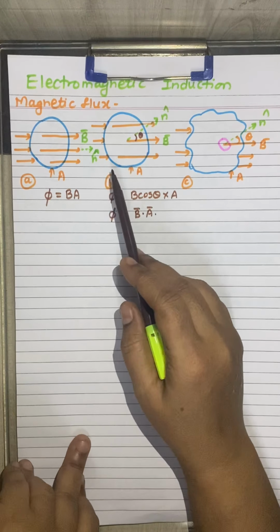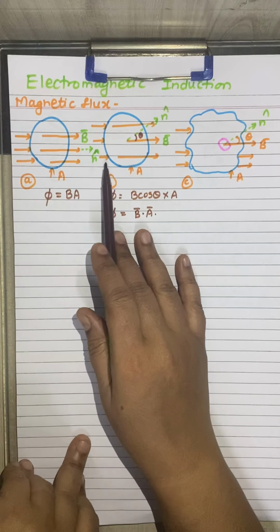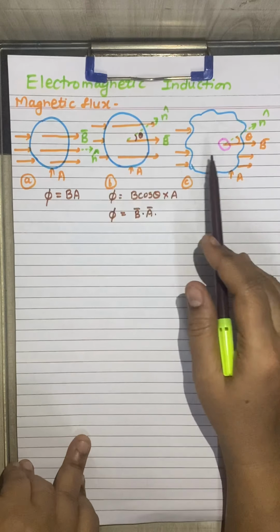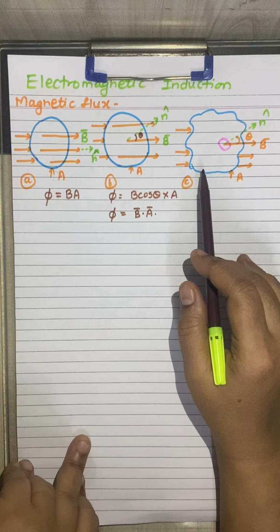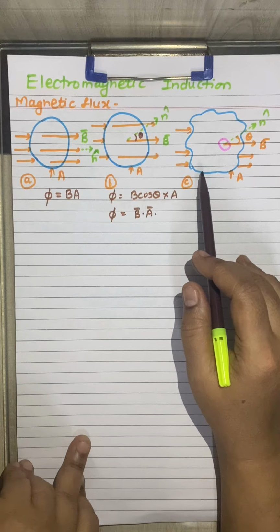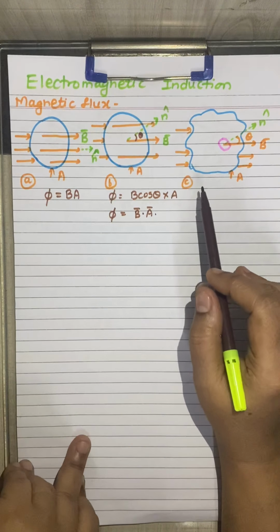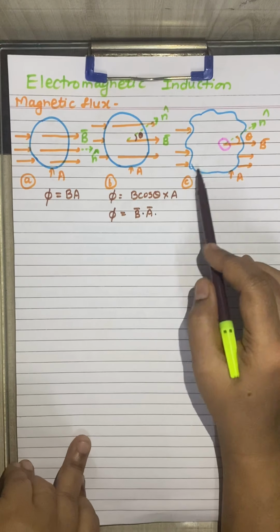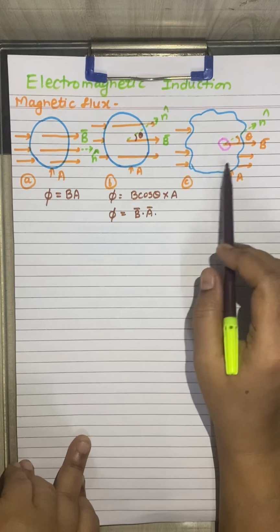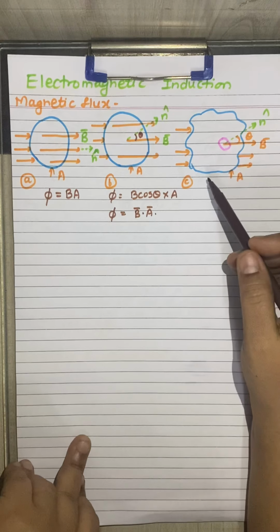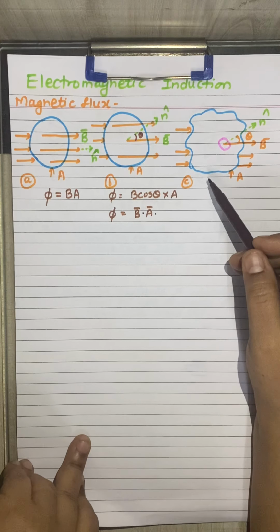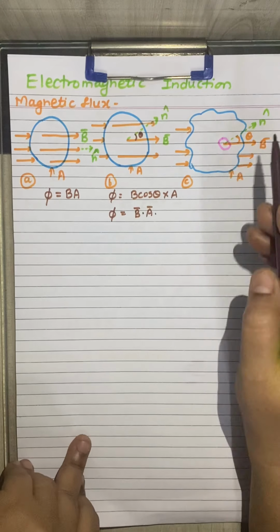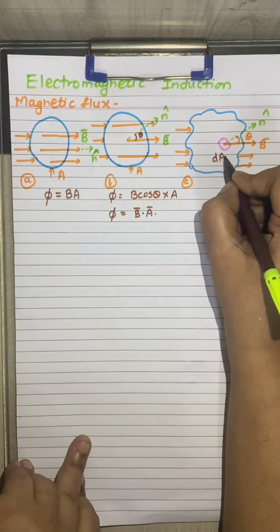Suppose this is the planar area and the field B over an area A may not be uniform. However, over a small element of area dA, suppose we have considered a surface A in the magnetic field which is not planar, isn't it? So in that case we can have small elements such as dA1, dA2 like this.